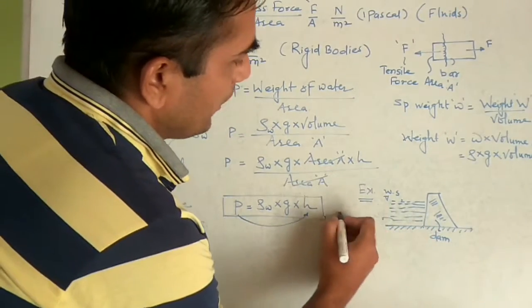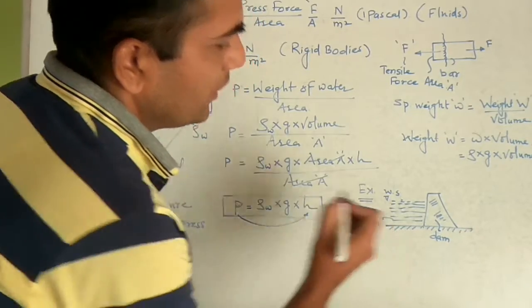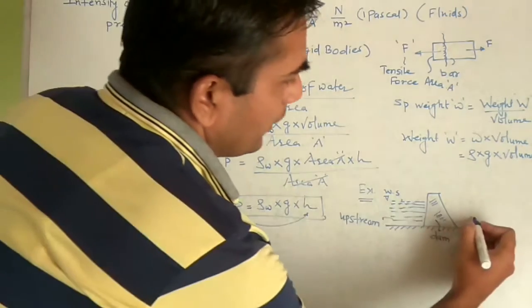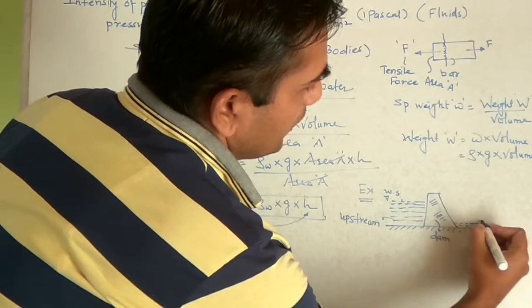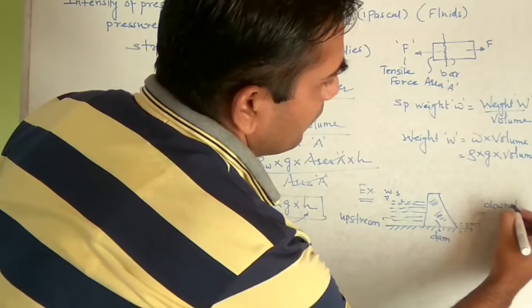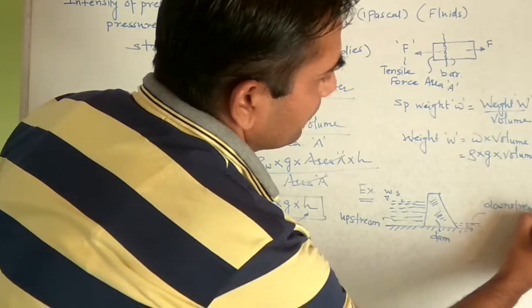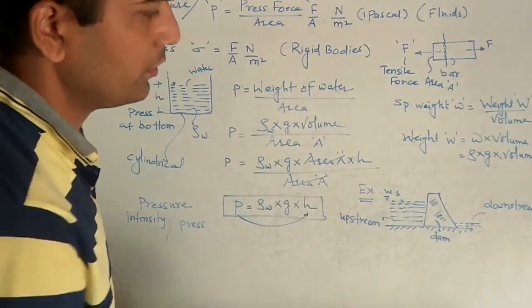This we call it as upstream side, where the water is stored, and on the other side we are saying it as downstream side, where the tailwater is there.